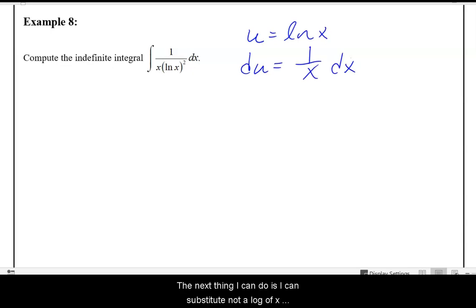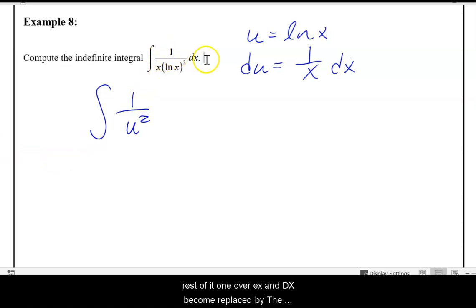The next thing I can do is substitute natural log of x out for u instead. And since I do have a 1 over x dx, I can replace that part of the integrand with du. Let's go ahead and make those substitutions now. This will lead to the following: the integral of 1 over u squared, since it was natural log being squared, and the rest of it, 1 over x and dx, become replaced by the substituted du.